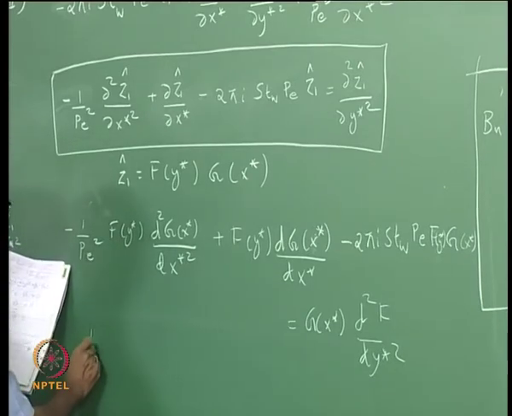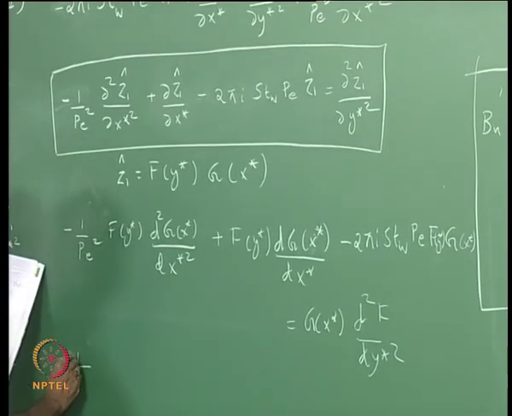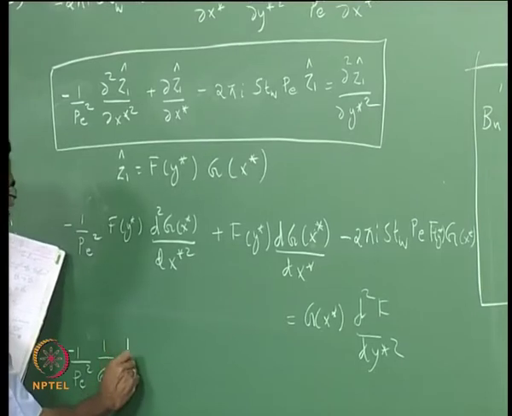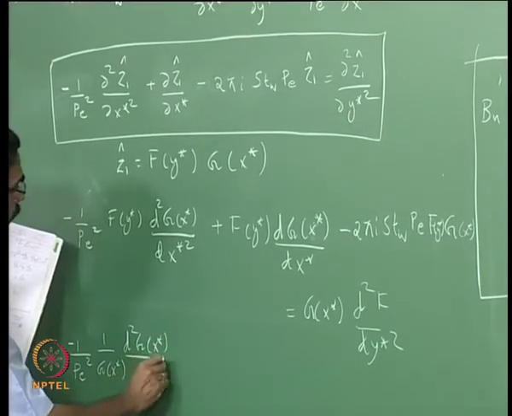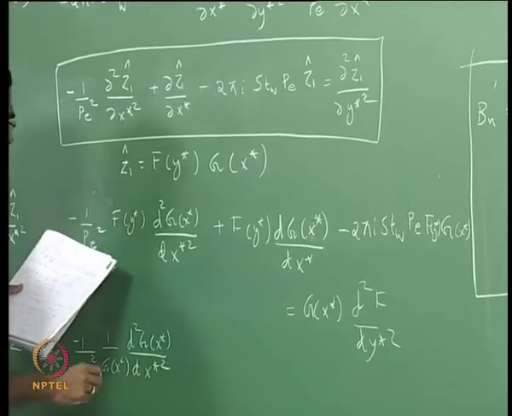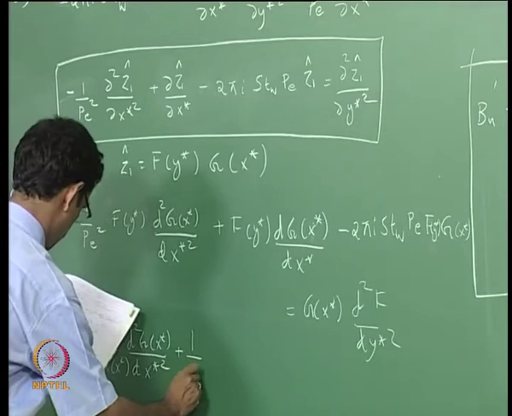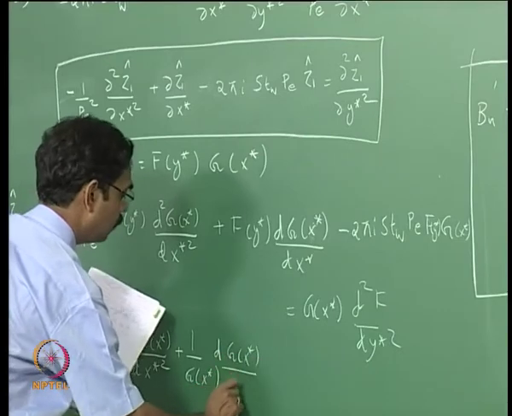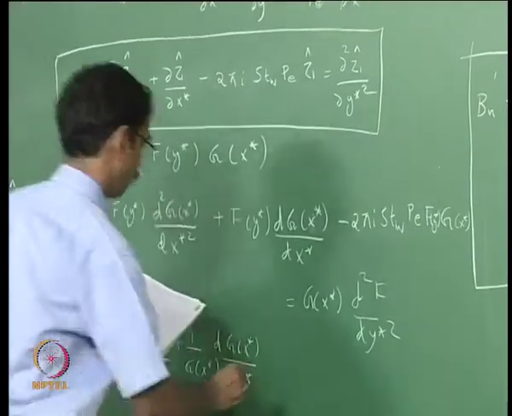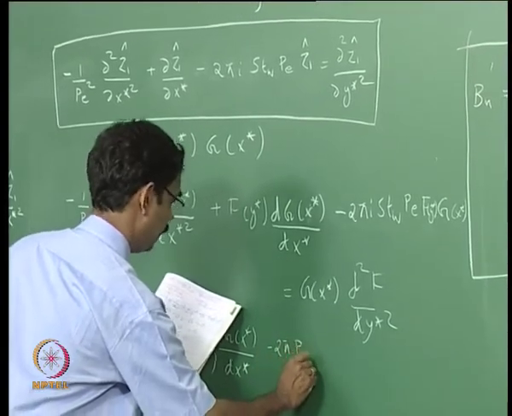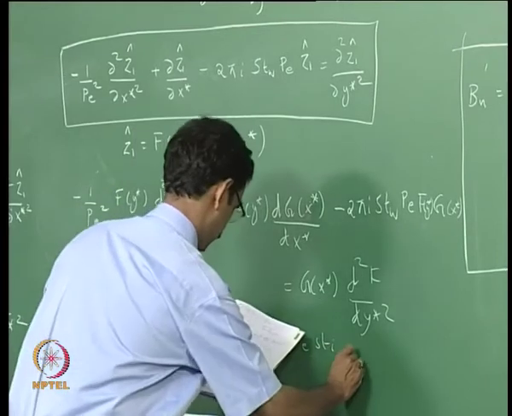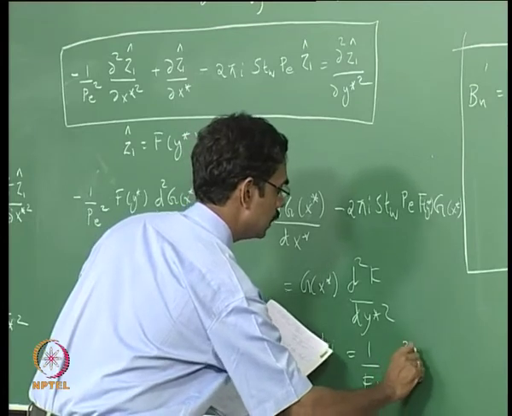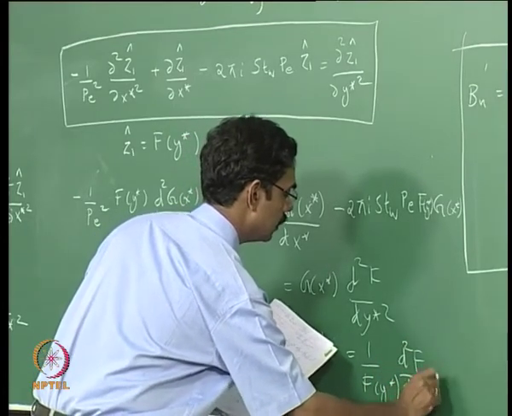So you will get minus 1 over p squared 1 over g of x star d squared g of x star over dx star squared plus 1 over g of x star dg of x star over dx star minus 2 pi p sti equal to 1 over f of y star d squared f over dy star squared.